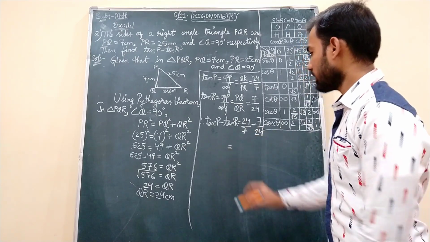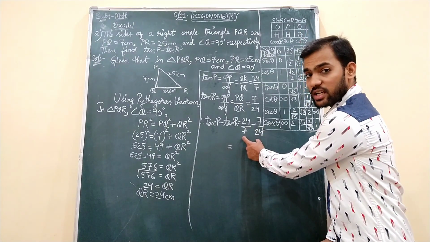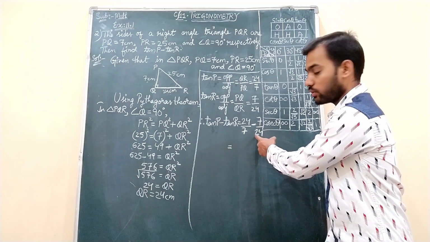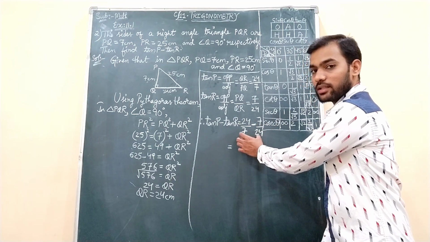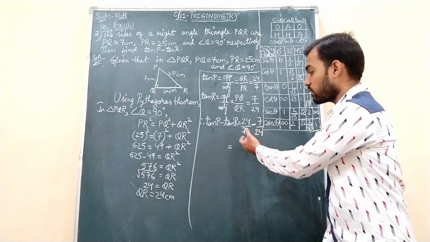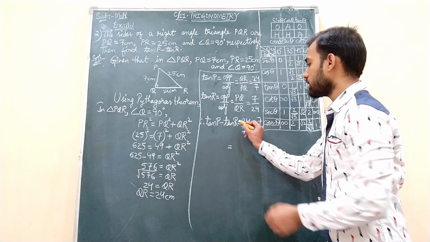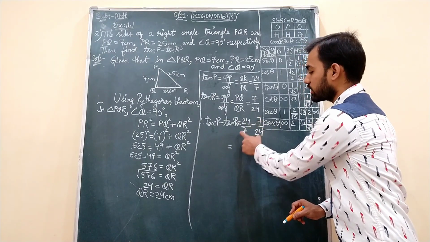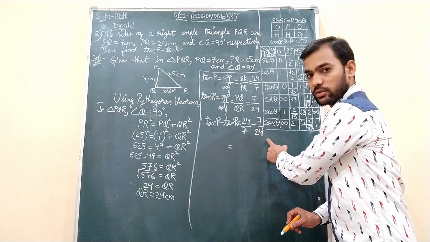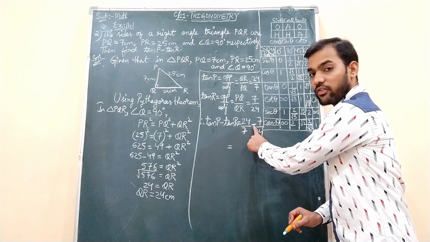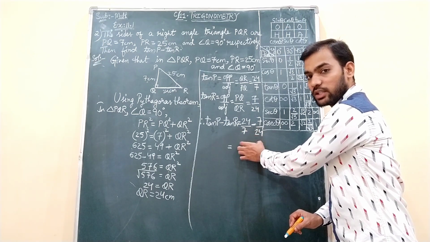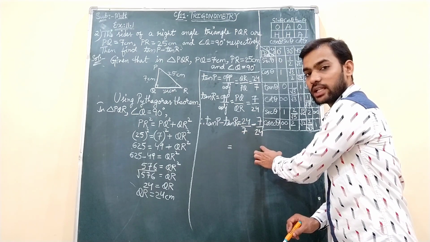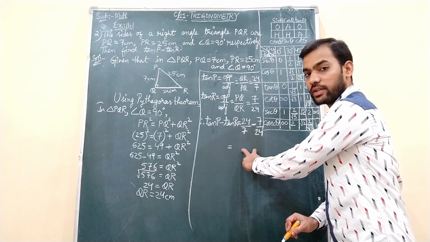Now these denominators are different, so you cannot subtract directly. 24 minus 7, 7 minus 24, you cannot do. As these denominators are different, we need to take the LCM. So what we will do here is a process like numerators cross, denominators direct multiplication. Whenever you have a positive or negative sign between two fractions, it's good if you do numerators cross, denominators direct, in case the denominators are different.